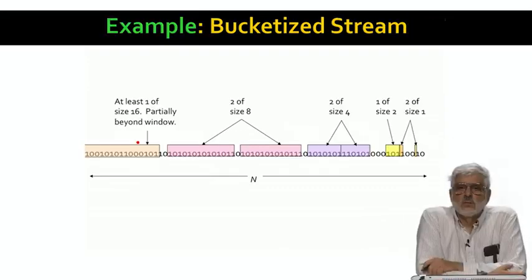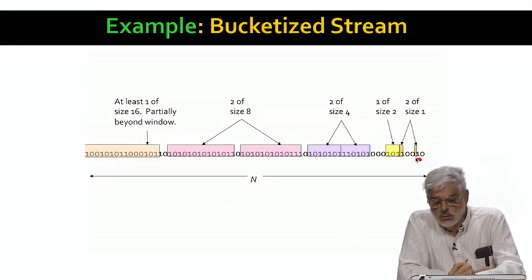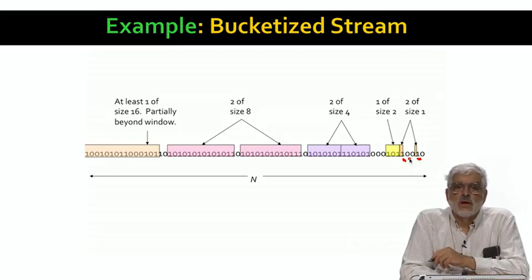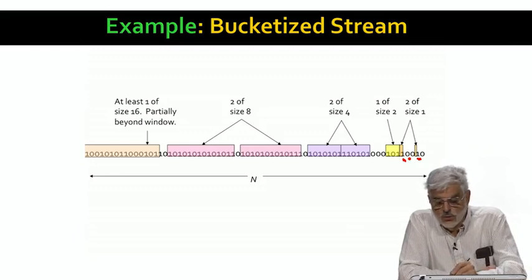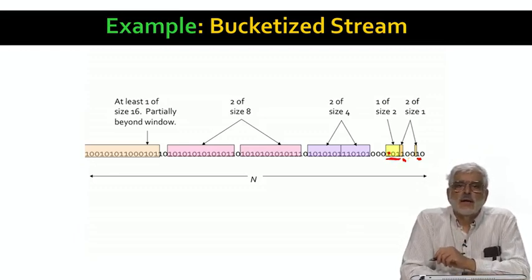Here's a picture of what the partition of a stream into buckets might look like at some point. The most recent 2 ones are in buckets of size 1 by themselves. Further back, the previous 2 ones are grouped into a bucket of size 2. There might be 2 buckets of size 2, but there could also only be 1, as in this case.